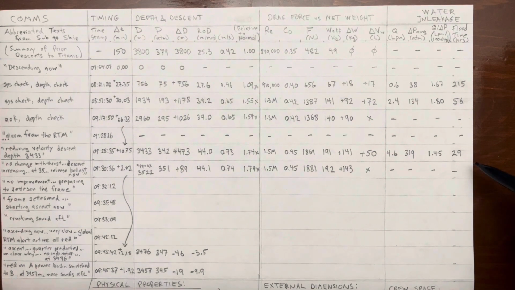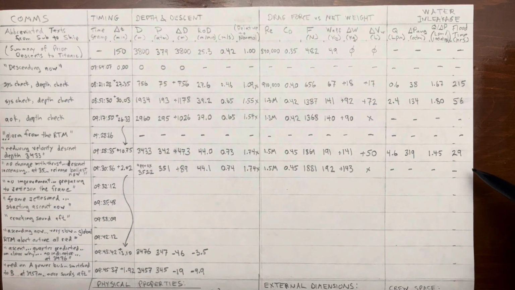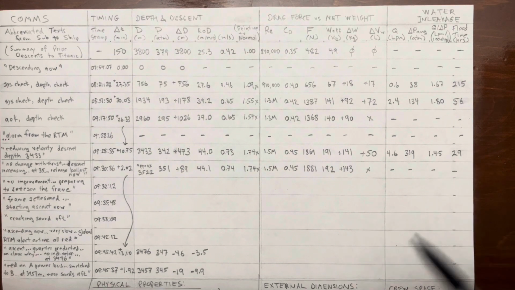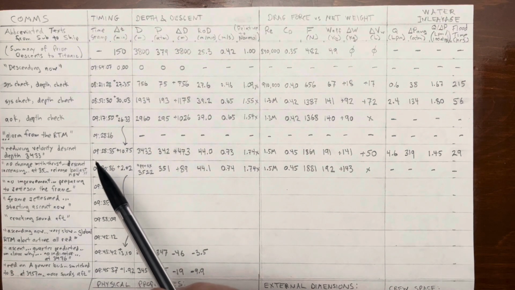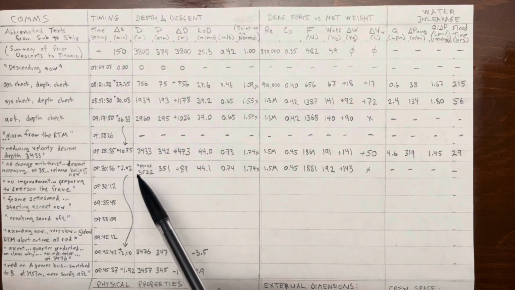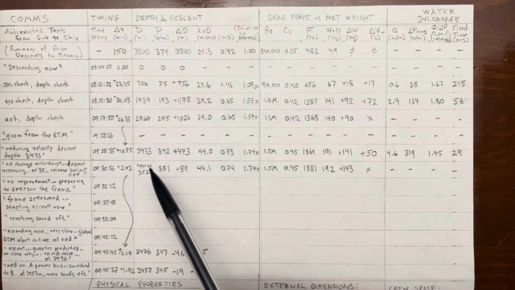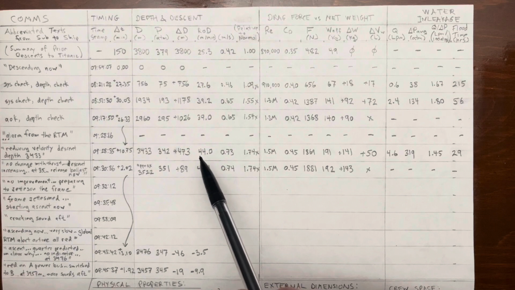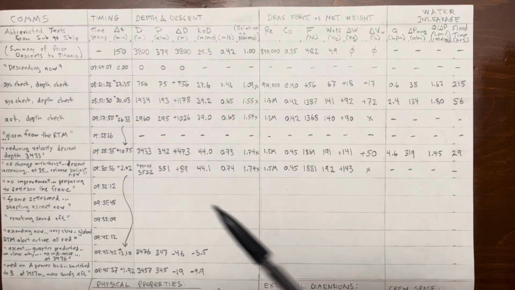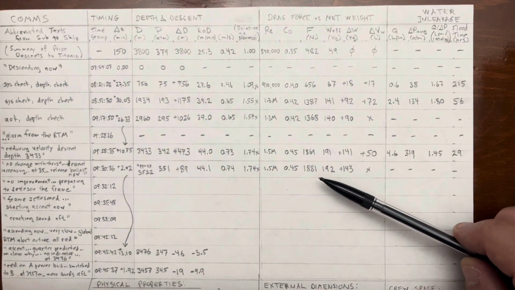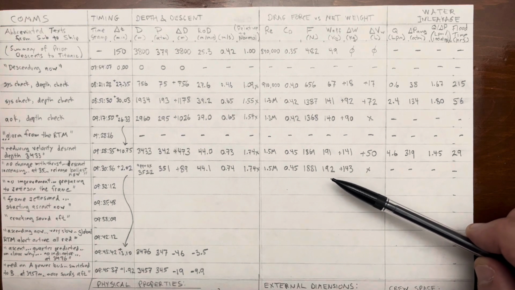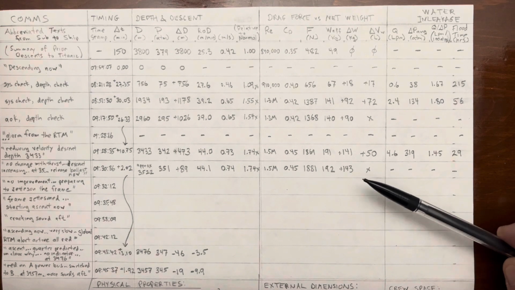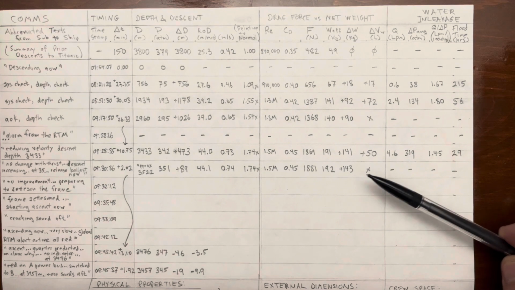I'm going to now show one last note of interest. Again, it's incredible that by knowing simply the time and depth, we can infer things like pressure, rate of descent. We can calculate out an equivalent effective weight, for which we can calculate the added weight due to water ingress.